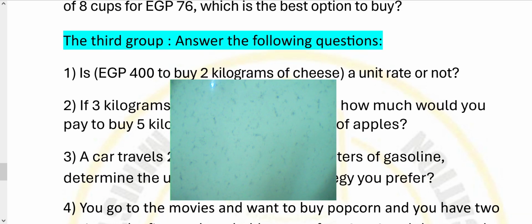Next question, third group, is 400 Egyptian lira to pay for 2 kilograms of cheese a unit rate or not? Not a unit rate, because the second term here is not 1 kilogram.